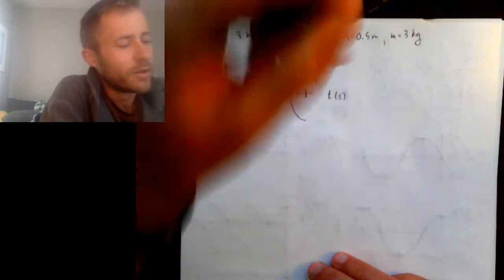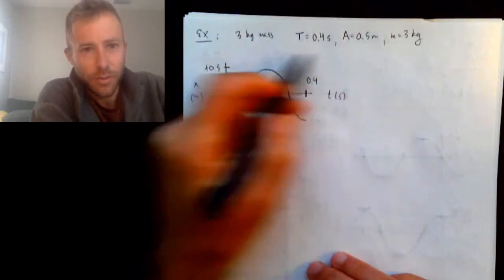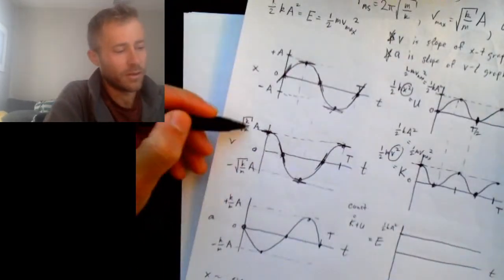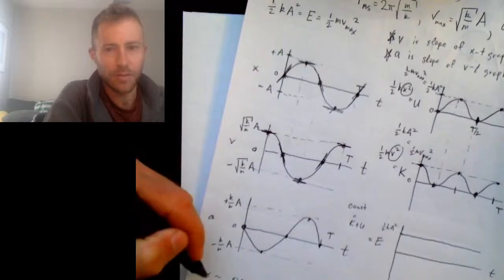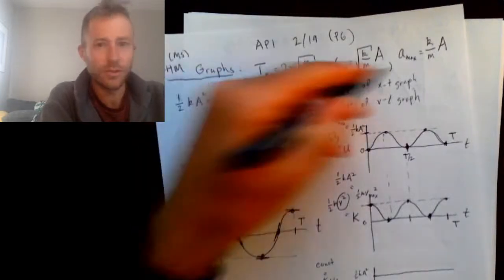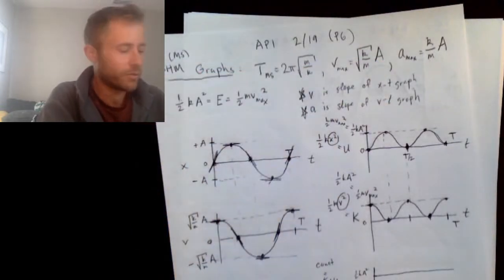All right, so we're going to use these three pieces of information to allow us to actually calculate these maxima and minima for all the other graphs. Okay, so we're going to be using these equations to get actual numbers for all this stuff.